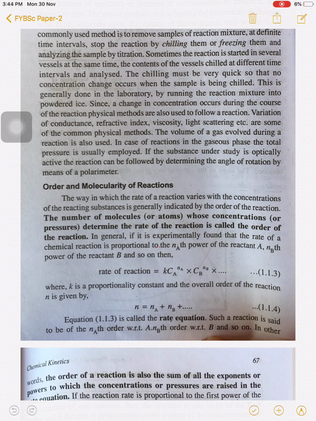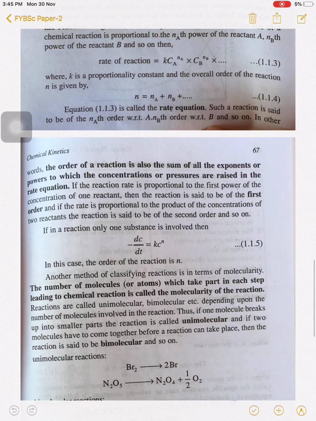Now if you see equations 1.1.4 and 1.1.3, equation 1.1.3 is the rate equation. Such a reaction is said to be nth order with respect to A and nth order with respect to B and so on. So if there are two reactants, A and B, then the number of molecules of A whose concentration changes and the number of molecules of B whose concentration changes determine the rate of reaction.